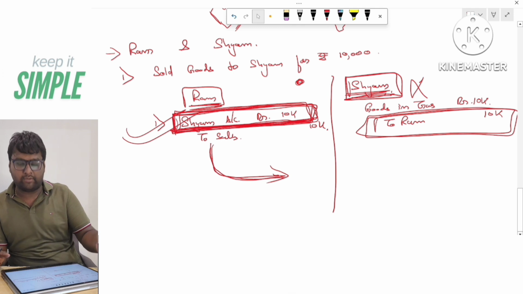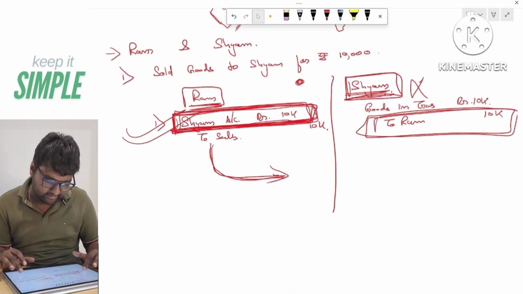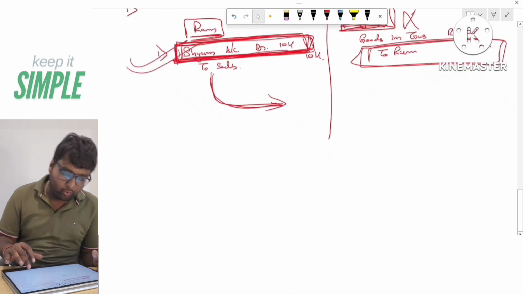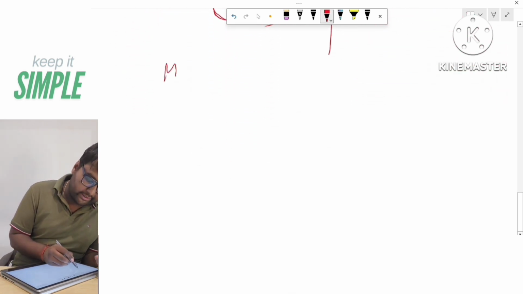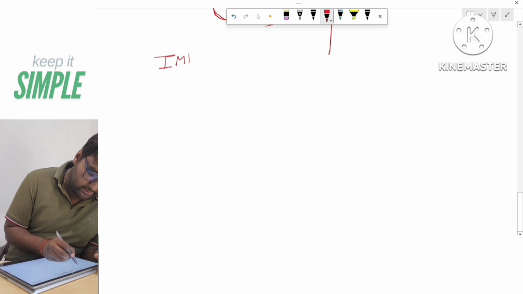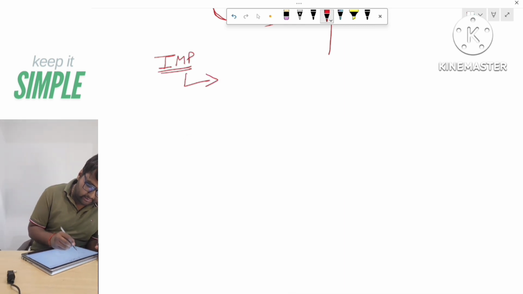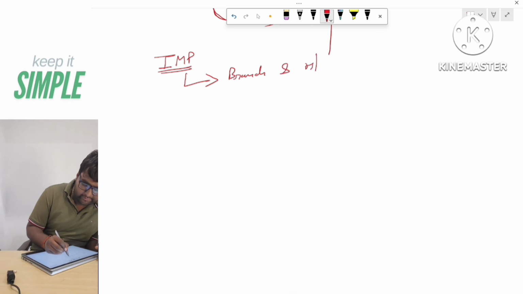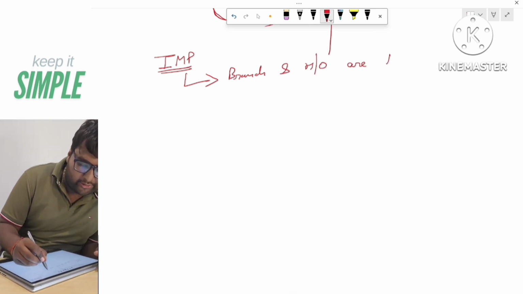I'll give you one more example, then you will understand. So while doing branch accounting, the most important rule is that branch and head office are not the same.